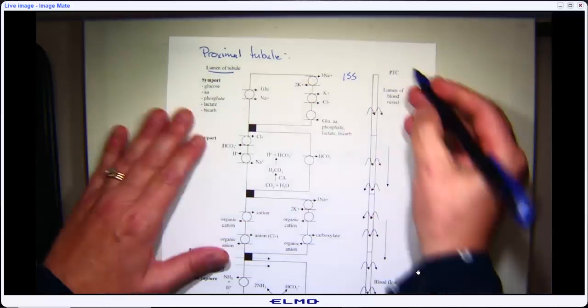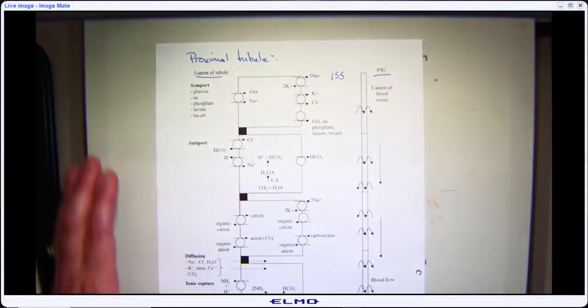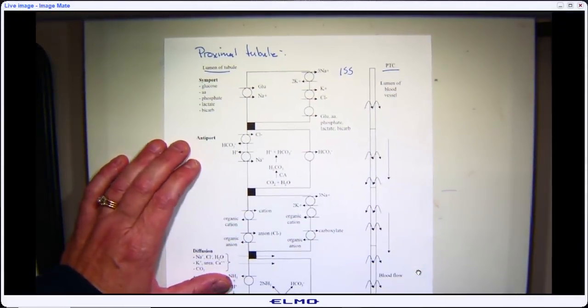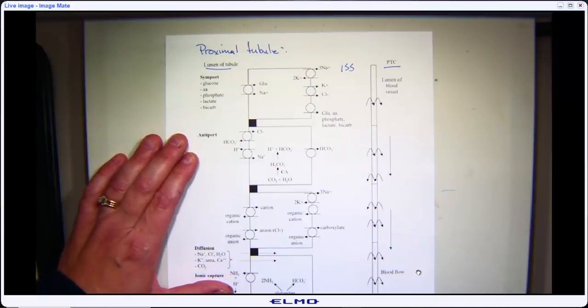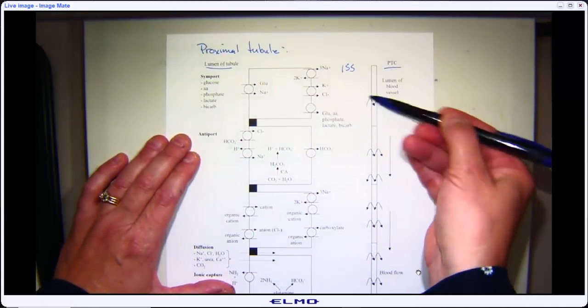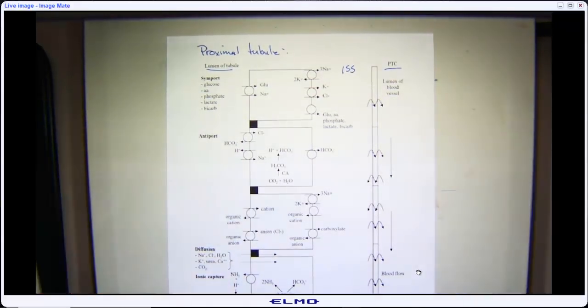So this is indeed the vasculature. That's our peritubular capillary. We've already discussed how we move stuff from that interstitial space into the peritubular capillary. That was all reabsorption, right? Where delta pi was greater than delta P. So we got that bit nailed.